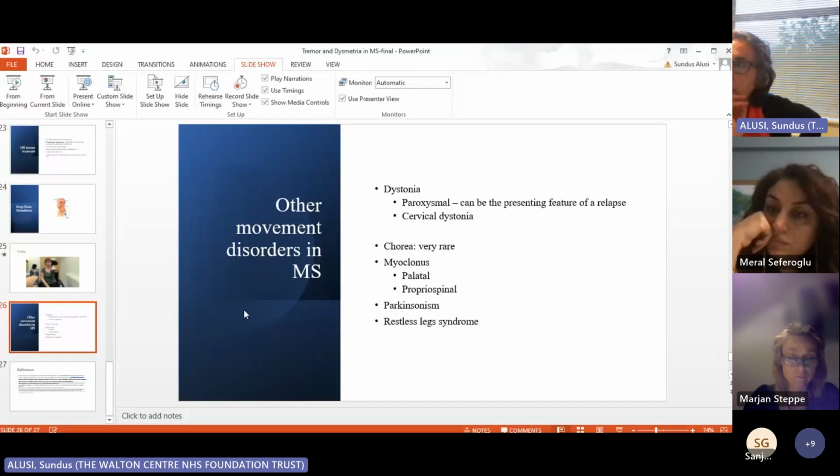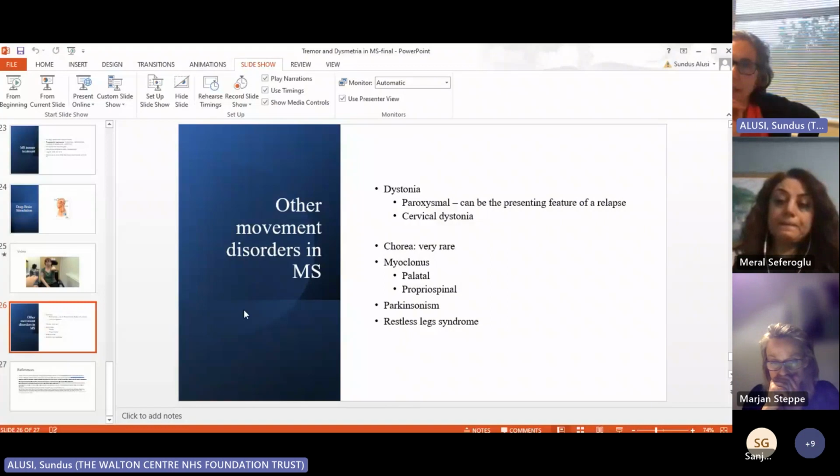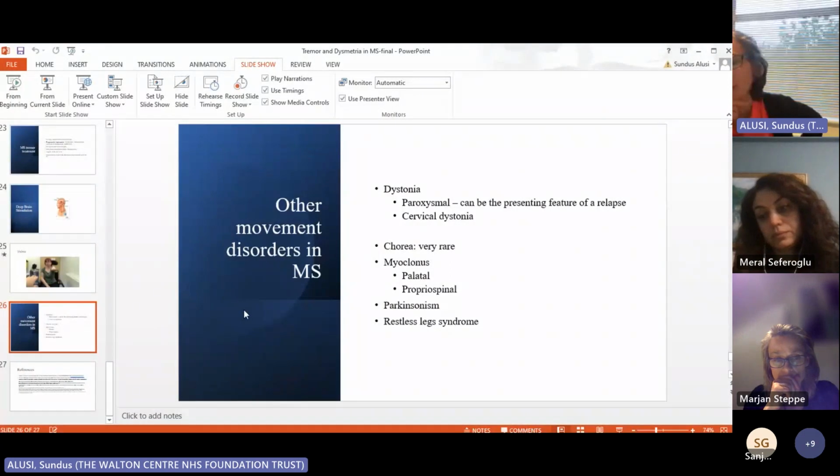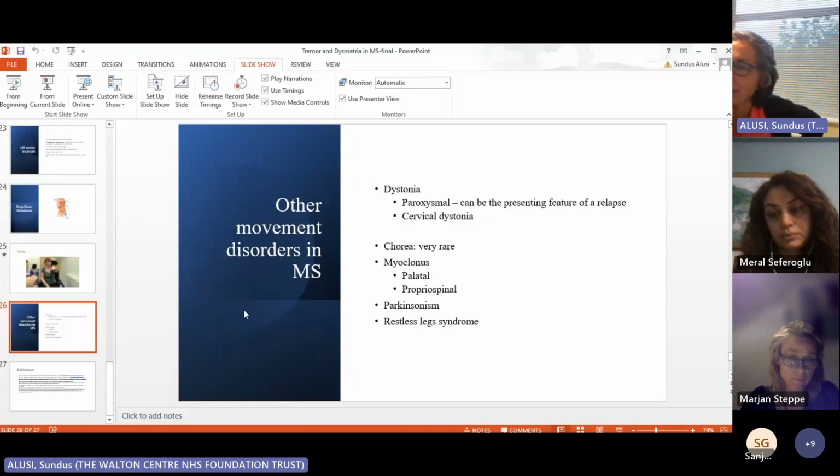People have tried to look at DAT scans, and they say that if the DAT scan is negative, then this must be related to MS, whilst if the DAT scan is positive, you're looking at dopaminergic denervation. So it's a bit of a hard one, and you're probably never going to encounter it. It's extremely rare, but I thought I'd mention it.